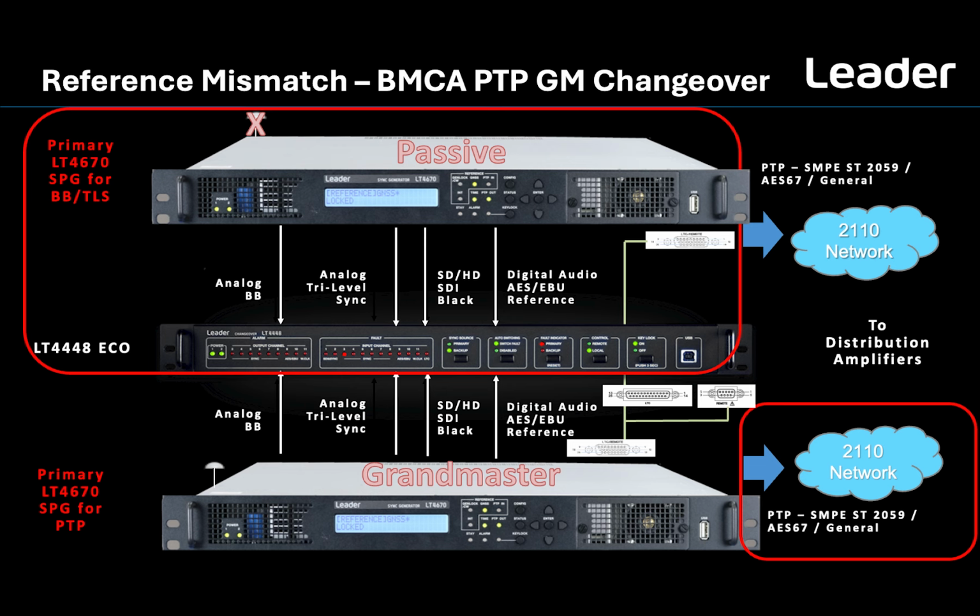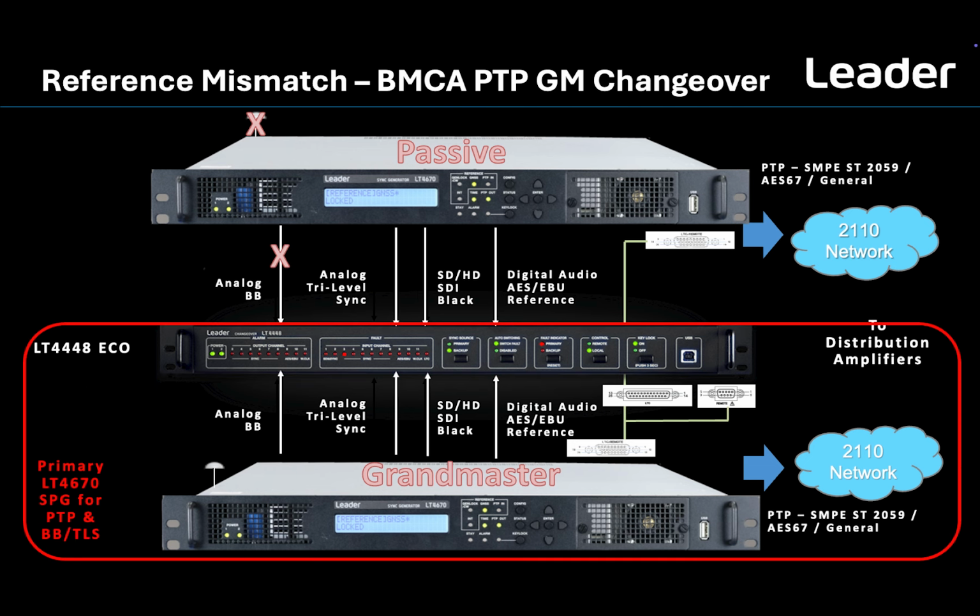With the new software and cable installed, we can now have the primary LT4670 introduce a failure on the analog black or SDI, which results in the emergency changeover unit becoming active. And that results in it switching so that now your traditional SDI references, analog black and burst, tri-level sync, digital audio, and SDI, now come from the backup LT4670.